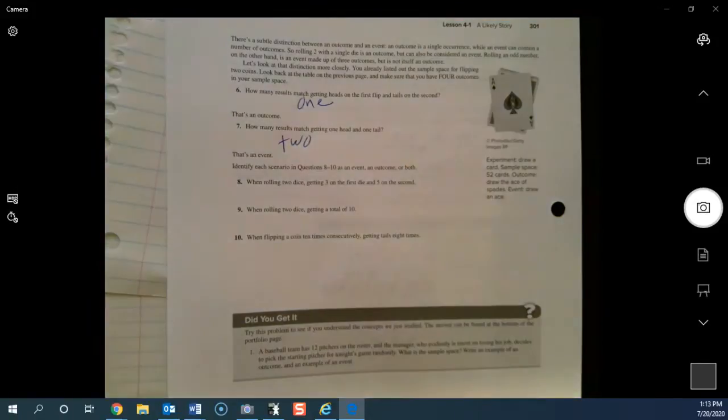number 8. It says identify each scenario in questions 8 through 10 as an event, an outcome, or both. Now, it says when rolling 2 dice, getting 3 on the first die and 5 on the second.